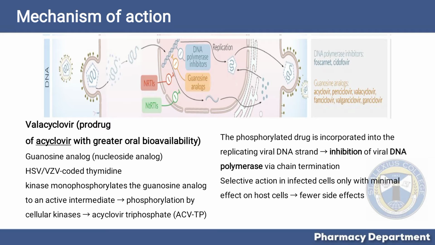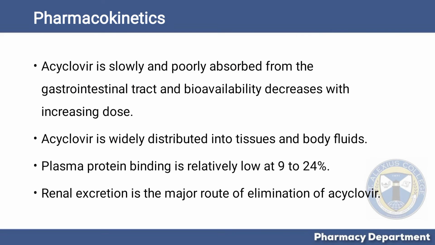Second, because it does not have the 3' hydroxyl group, it cannot bind to another nucleotide, and thus it stops the chain formation and causes chain termination. So acyclovir is a drug of choice for encephalitis that is caused by HSV.